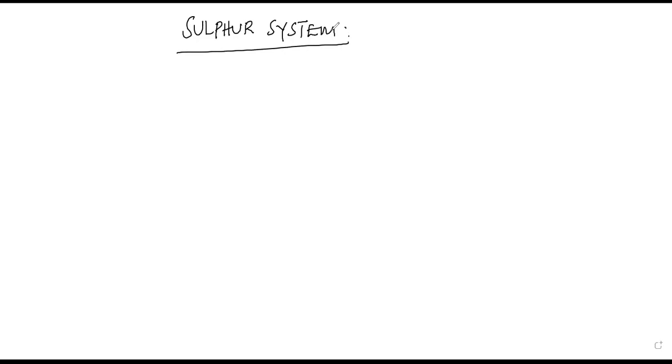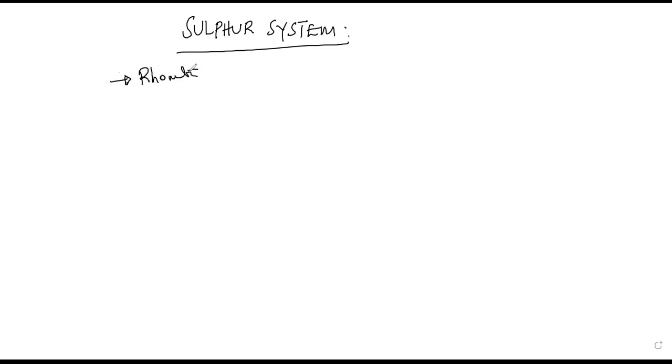Well, when you talk about sulfur, what you should remember is the fact that sulfur exhibits allotropy. From our O level, we looked at what allotropy is. Sulfur is allotropic. It is the same element, but it exists in different forms. And the forms we are concerned with here are two.